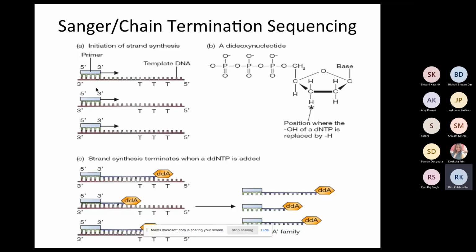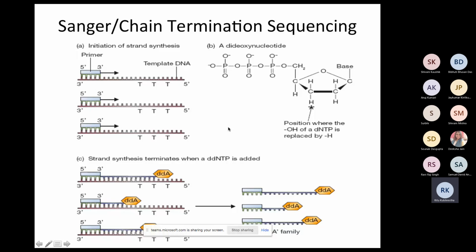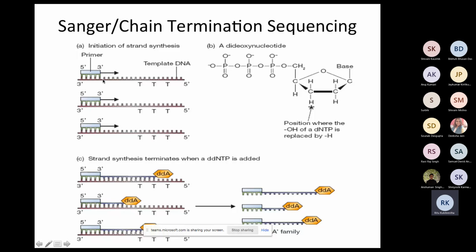And I add dATP, dCTP, dTTP, and dGTP, all four nucleotides for the reaction to take place, and obviously DNA polymerase will be there. It is a typical polymerization reaction, and as and when a nucleotide complementary to the one in the template strand comes, it will be added.